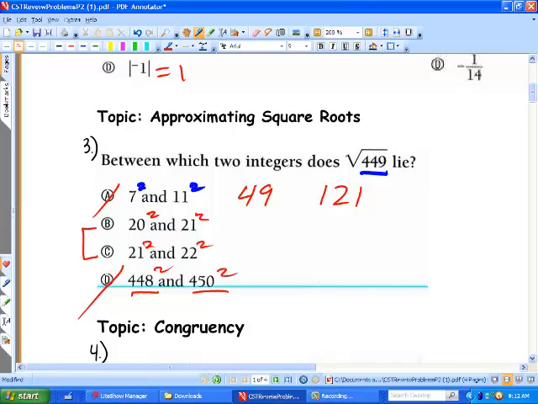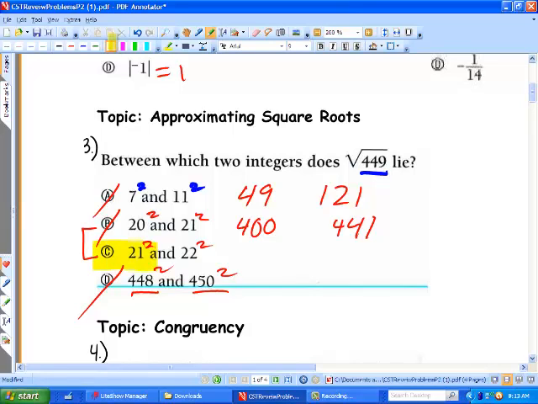If we square 20, we should get 400. And if we square 21, we get 441. And 449 does not fall in between those, so B does not work.